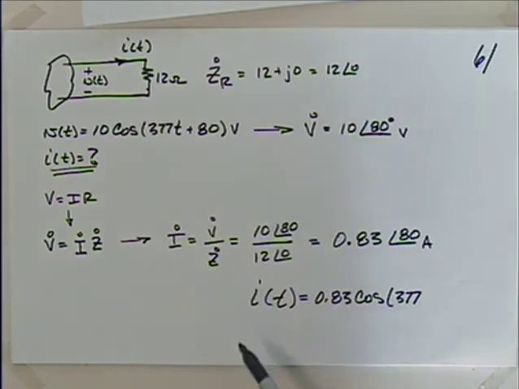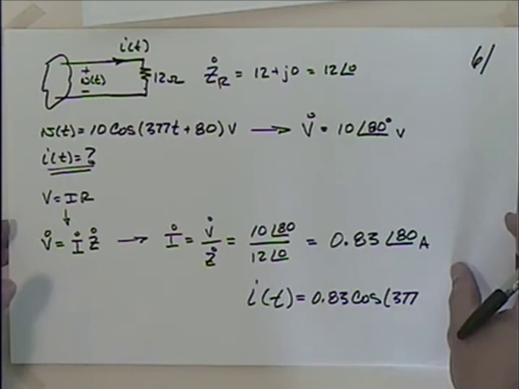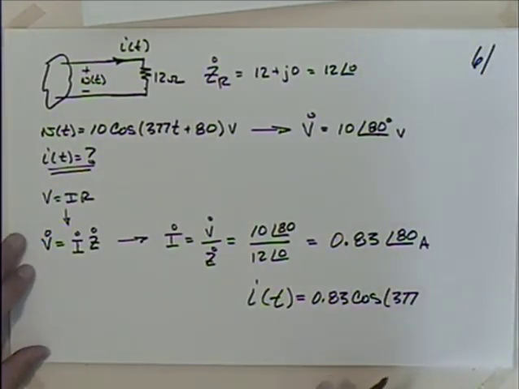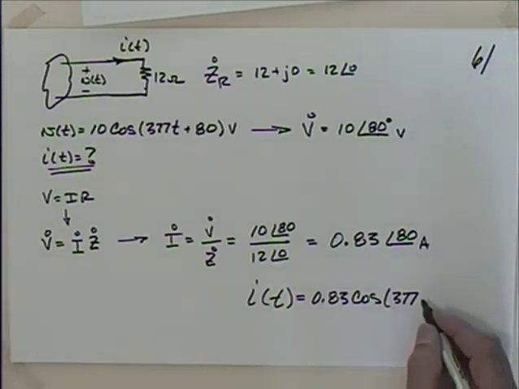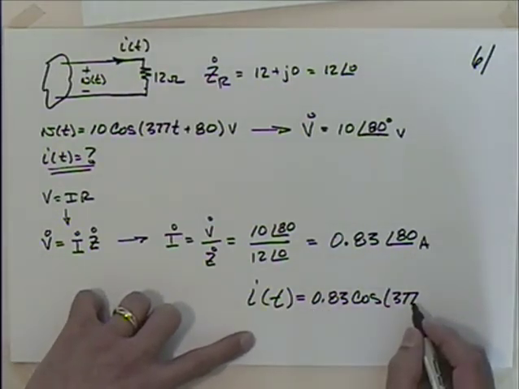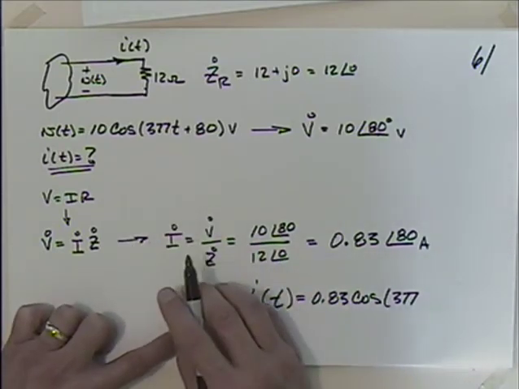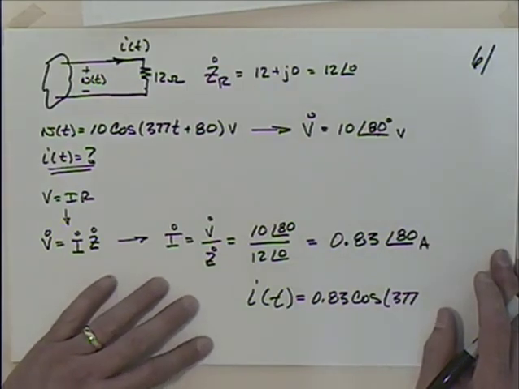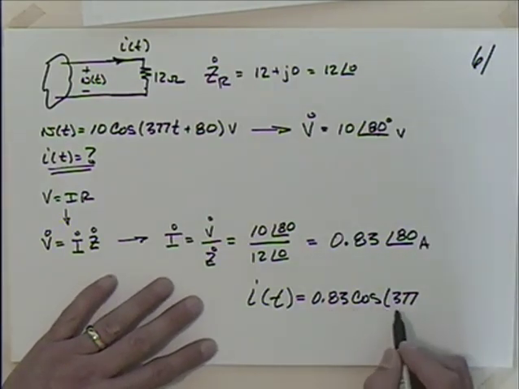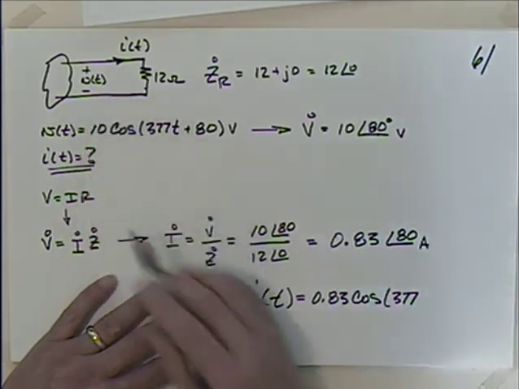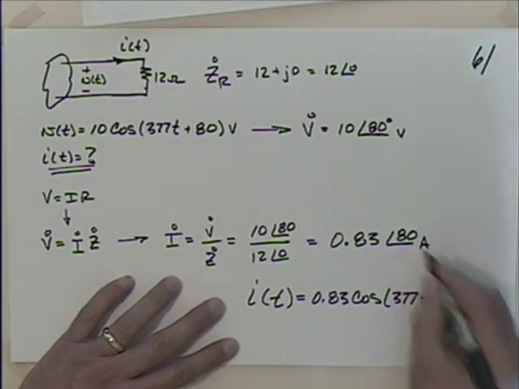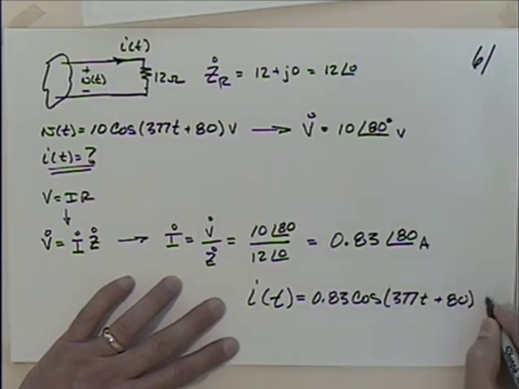It's not until the latter part of winter term that we touch on different frequencies, and we get into it in earnest in spring term. So I put 377t, and then my phase shift is 80, and that's amps.